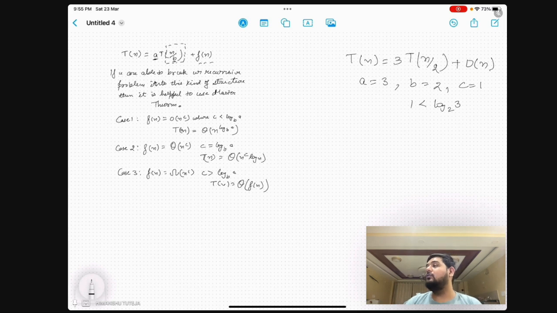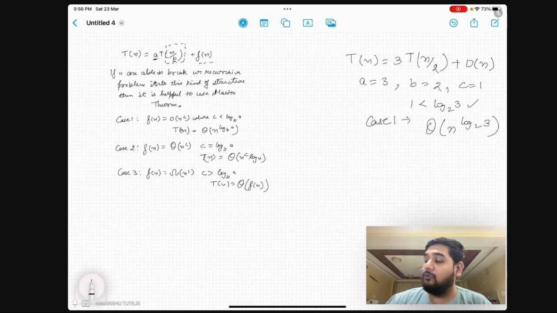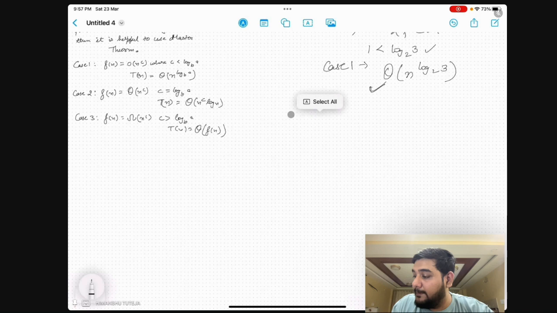We know log of 2 base 2 is 1, so definitely log of 3 base 2 will be higher than 1. So this condition holds true and we lie under case 1. And the answer that comes out is theta of n to the power log base 2 of 3.